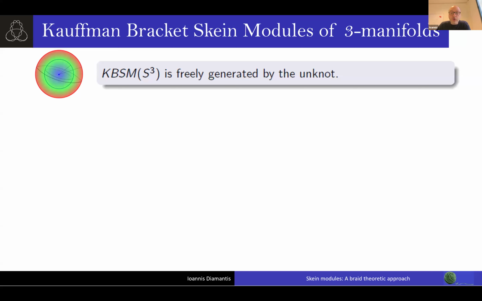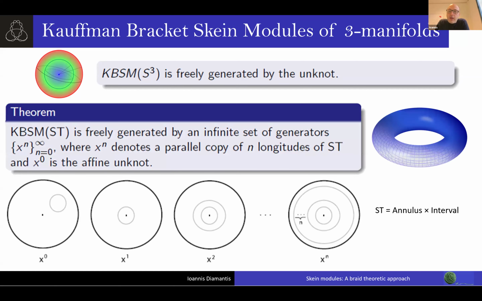For the case of the solid torus, Kidwell and Hoste in the late 80s, early 90s, proved that the Kauffman bracket Skein module of the solid torus is generated by elements of this form, x to the power of something, where you see here we have the affine knot, and here we have what I call essential unknots. For Kidwell and Hoste, the solid torus was considered to be an annulus cross interval, and we see the basis here.